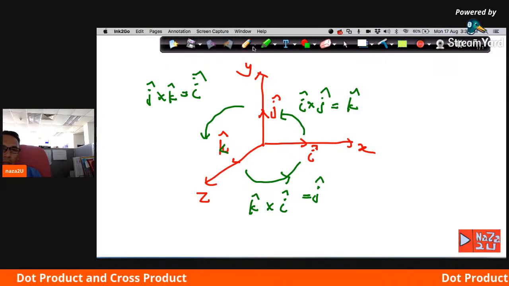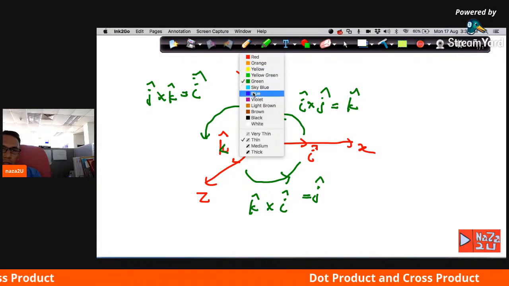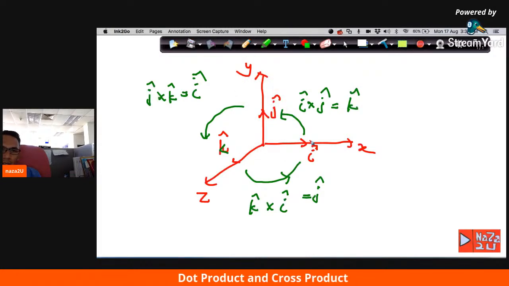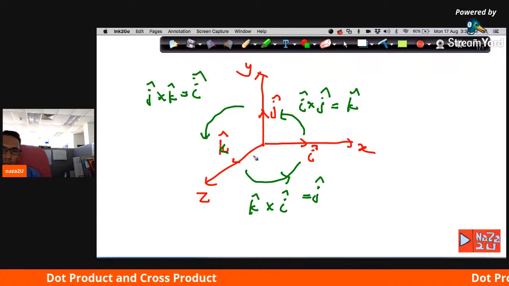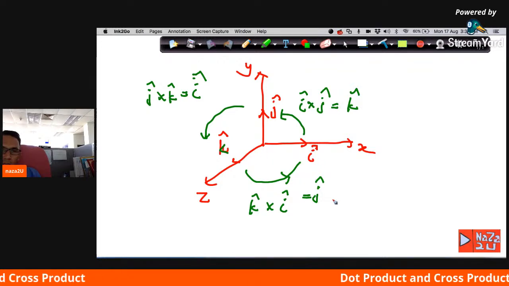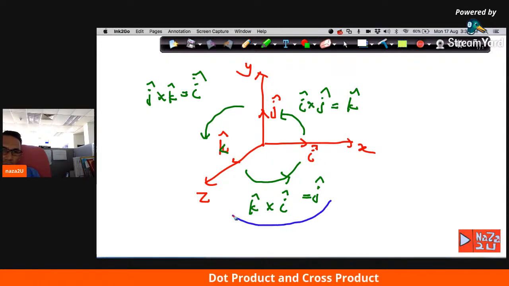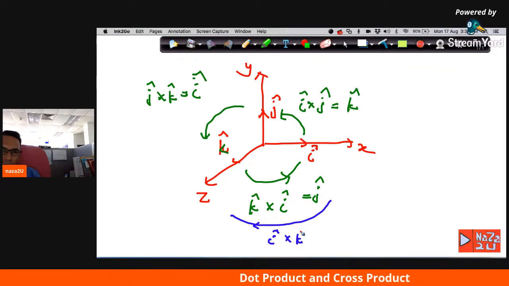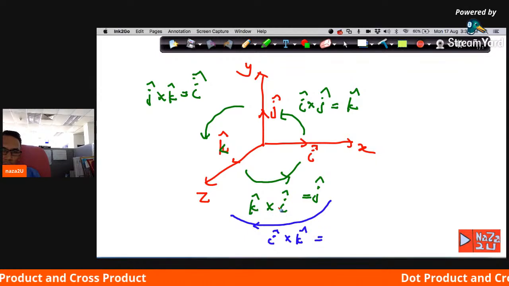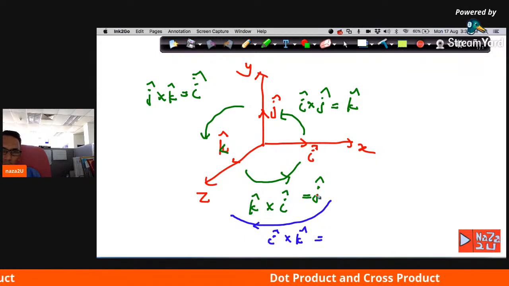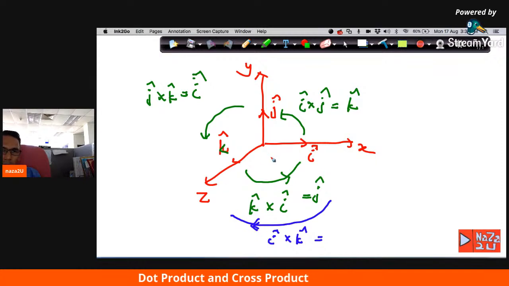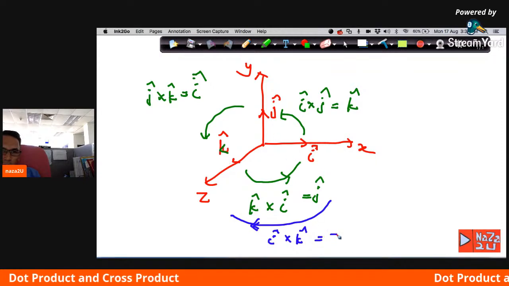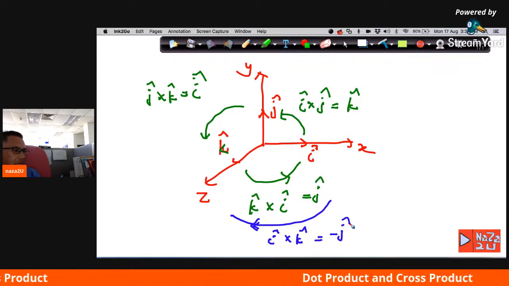So what happens is we follow the counterclockwise direction, and then we go to the clockwise. I cross K: if K cross I is equal to J, then in the opposite direction, I cross K is equal to negative J, right?